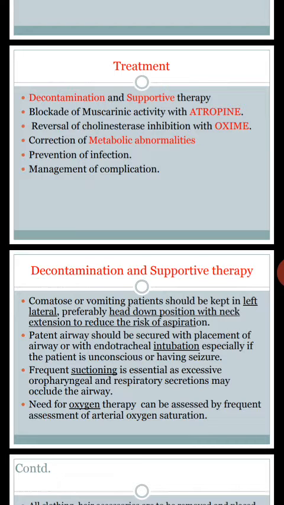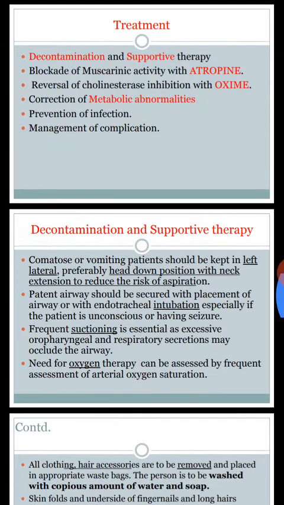They are also absorbed through inhalation via the lungs, and quickly through the oral route. By any route of exposure, they are quickly absorbed because they are highly lipid soluble. So immediately you have to do decontamination, and you have to maintain supportive therapy.